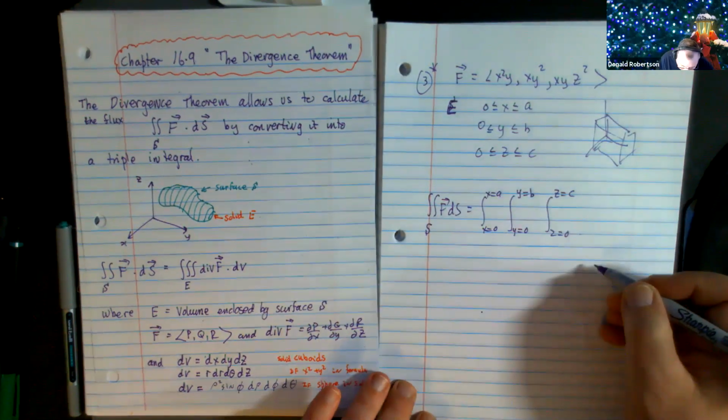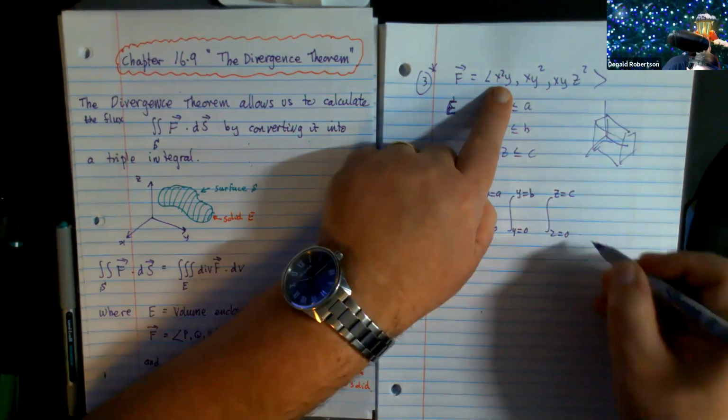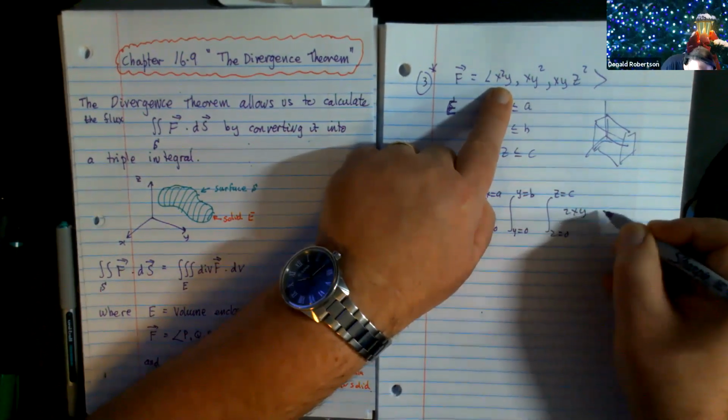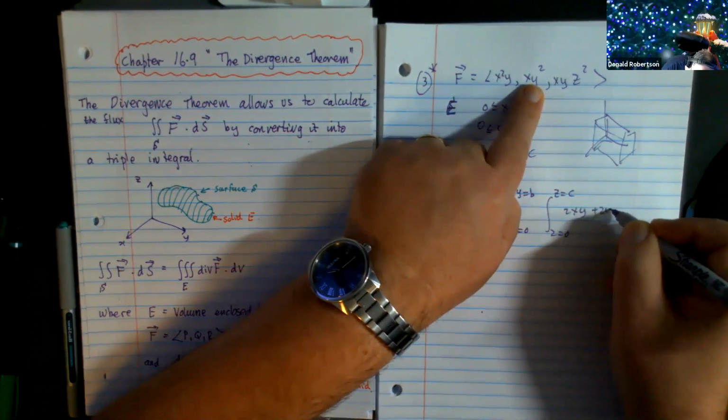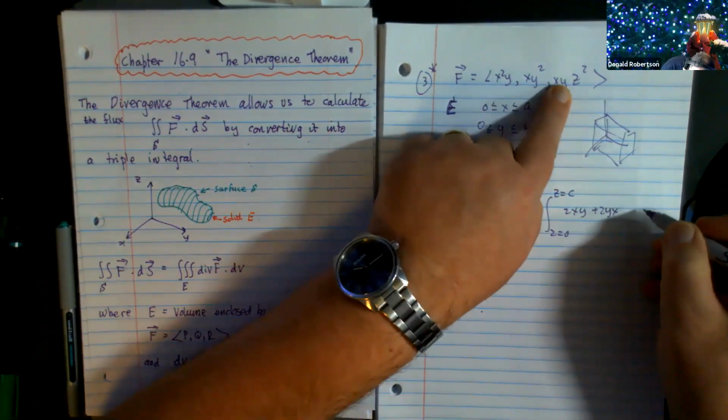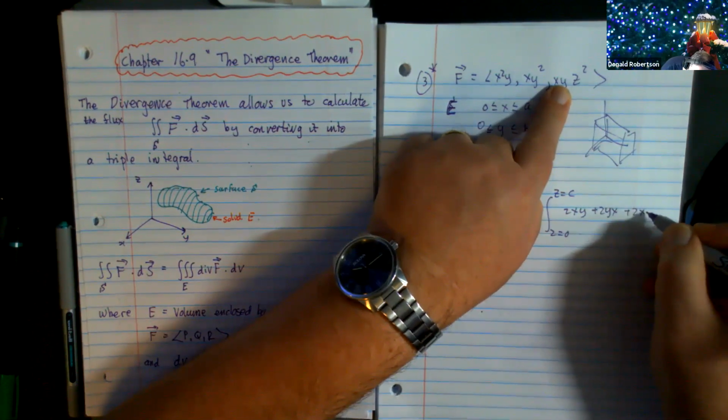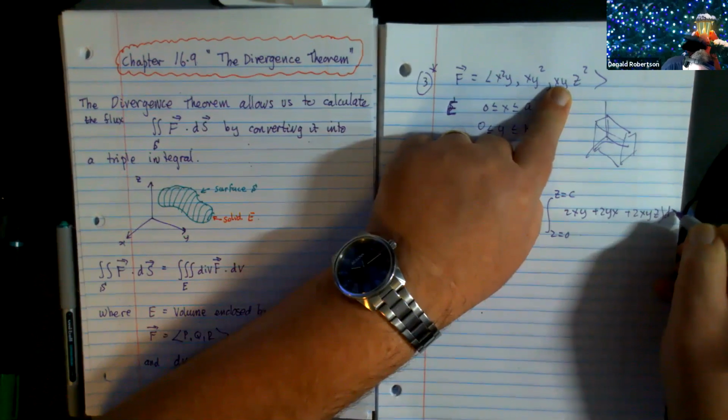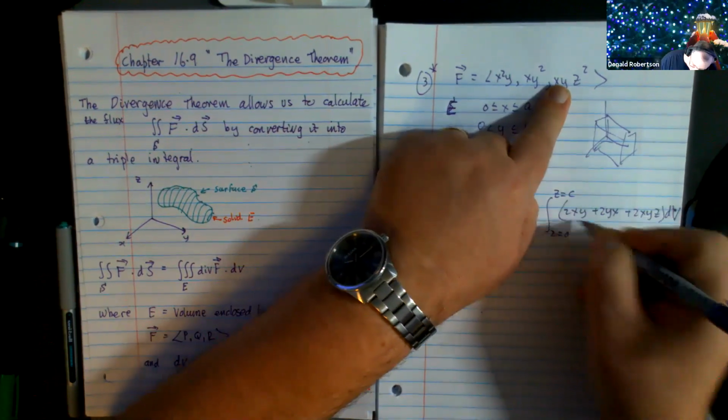And let's do the divergence. This guy with respect to x, this guy with respect to y, and this guy with respect to z. I'll just call it dv because I don't have a lot of room here.